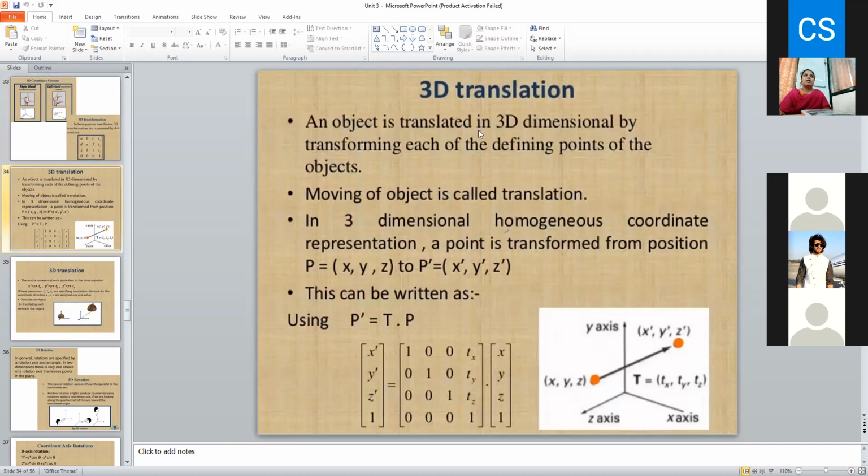So 3D translation. In 3D translation, we have already discussed that Tx, Ty, Tz are responsible for translation along the XYZ directions. All other elements are like the identity matrix. So you will get X dash, Y dash, Z dash if I multiply XYZ with this T matrix.